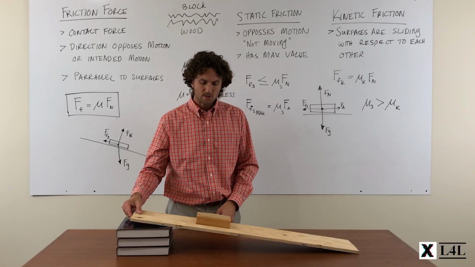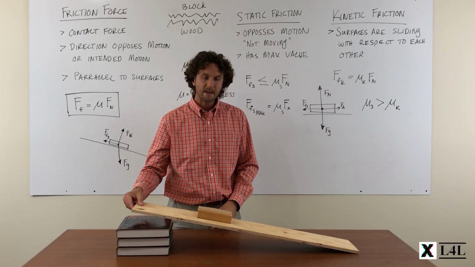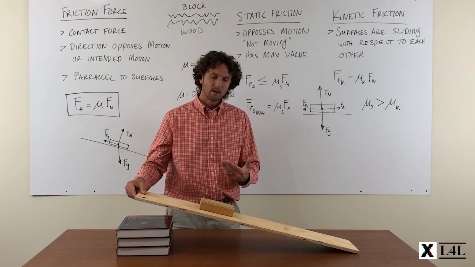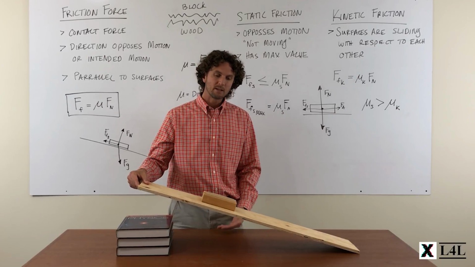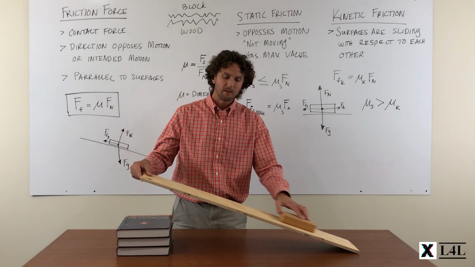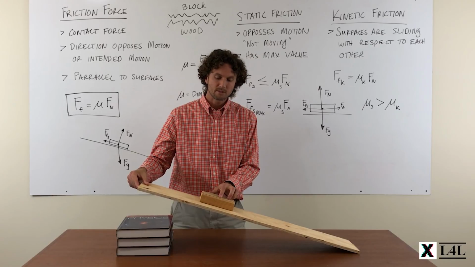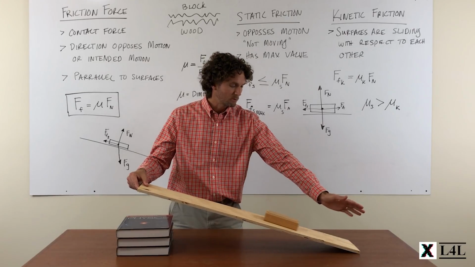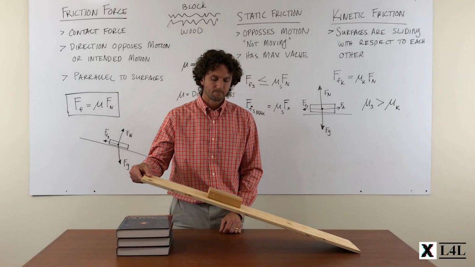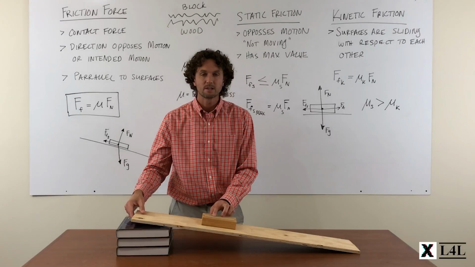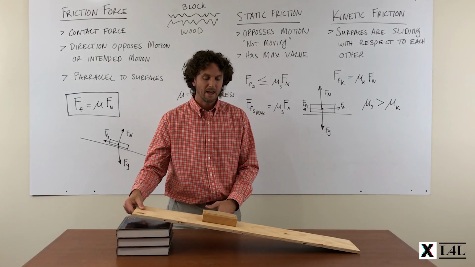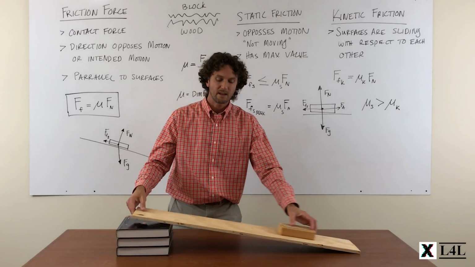And as I continue to raise this incline, the static friction increases until it hits its maximum point, at which point the parallel force of gravity will overcome the static friction maximum, and we would then have an imbalance in forces, and we would have a net force acting down the ramp, and so the block begins to accelerate. At that point is the transition point where we've hit our maximum static friction. It can no longer oppose it, and it crosses over into kinetic friction.